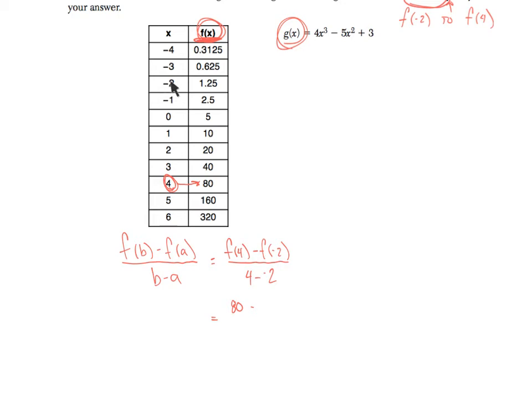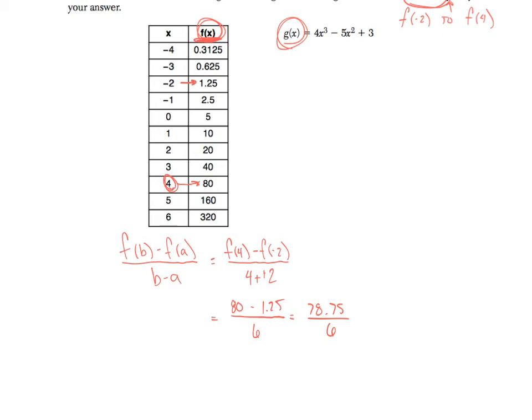When x is -2, f of x is 1.25. Divided by 4 plus negative, so that's the same as plus a positive, minus a negative, the same as plus a positive, divided by 6. Now we have 78.75.